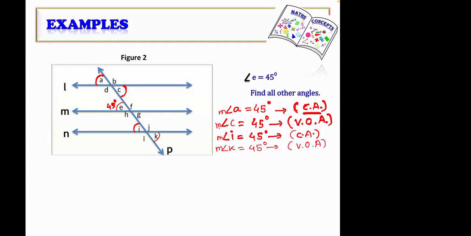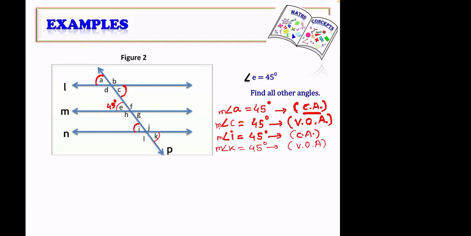Ma'am, can I tell? Shrilekha, yes, tell me. Ma'am, H will be 135 because it is the interior angle of I, and interior angles in parallel lines always add up to 180. So 180 minus 45 is 135.